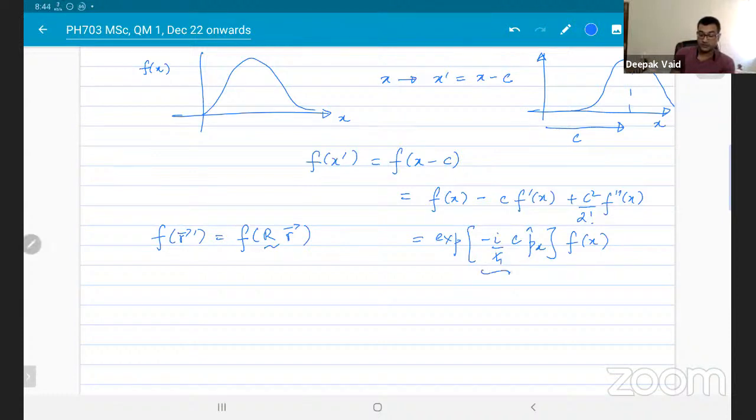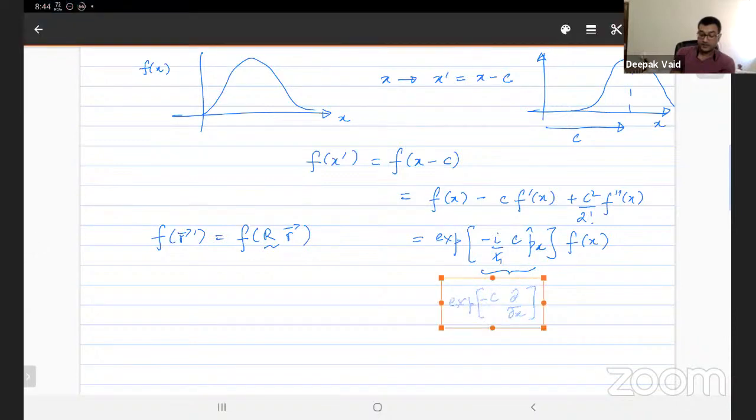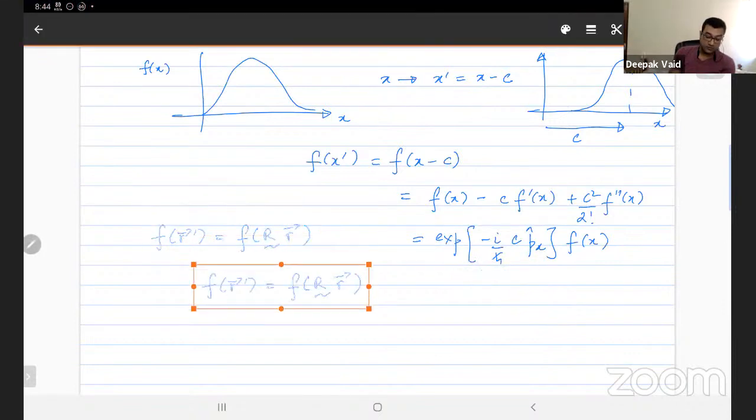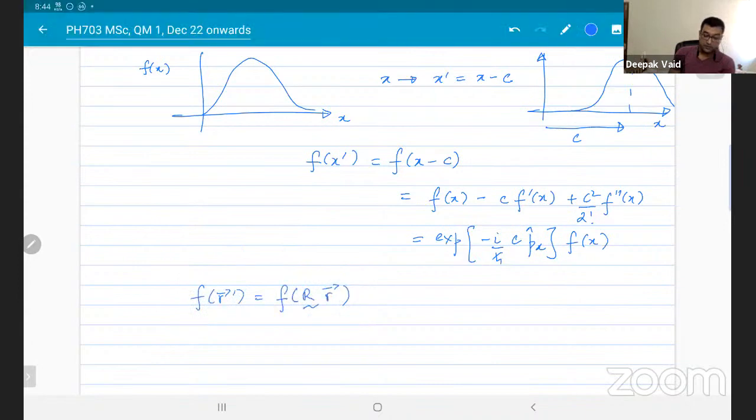So this exponential will just become c times d by dx, right? When you expand this exponential, you will get exactly this Taylor series. We'll put a minus sign there. Okay, so that is exactly what I'm trying to understand, how to do that for rotations.